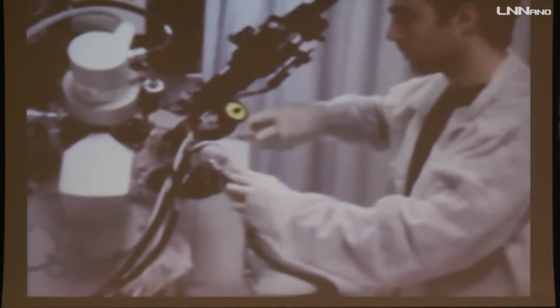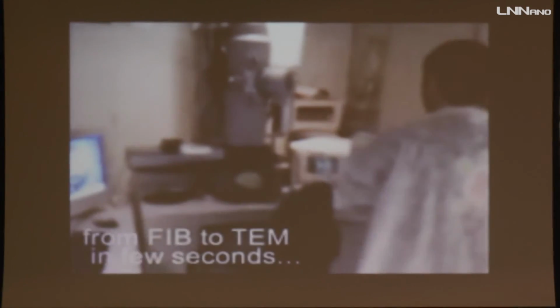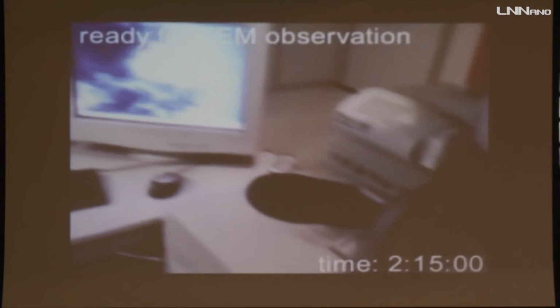Then this guy got the lamella out. Here is the system. It's similar to what we have here. He's transferring the sample to the TEM sample holder and going to the TEM to start the session.